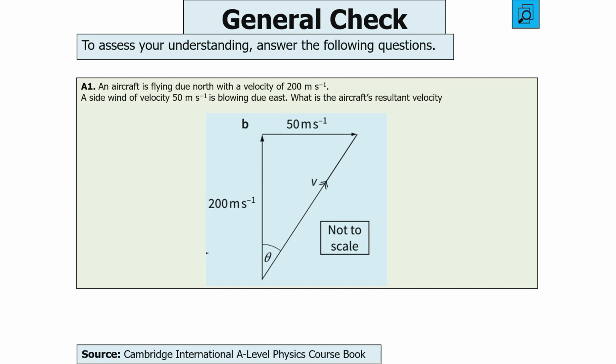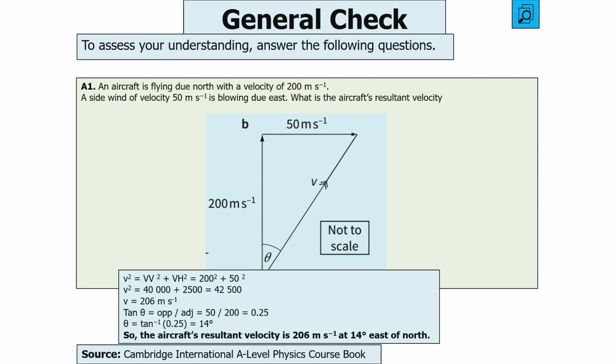An aircraft is flying due north with a velocity of 200 meters per second. A side wind of velocity 50 meters per second is blowing due east. What is the aircraft's resultant velocity? So we can say v squared is equal to the vertical velocity squared plus the horizontal velocity squared.